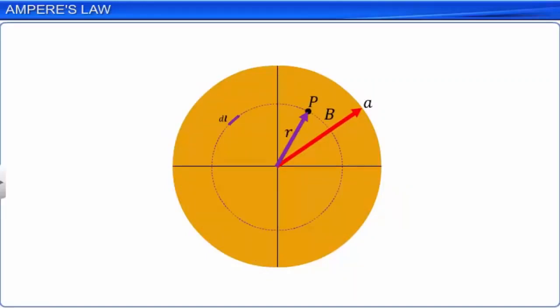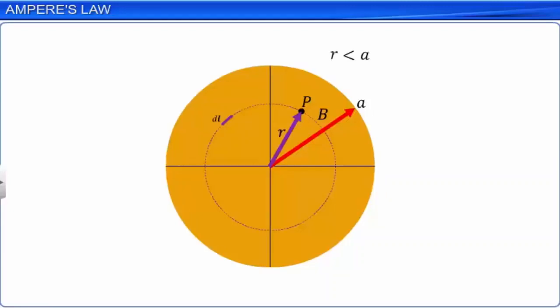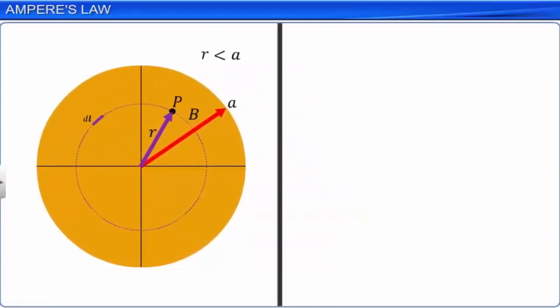Consider an Amperian loop in the shape of a circle, concentric with the cross-section of the wire and having radius r such that r is less than a. Total length of the Amperian loop is equal to 2 pi r. That is, integral over the closed curve C dl is equal to 2 pi r. Let this be equation 11.